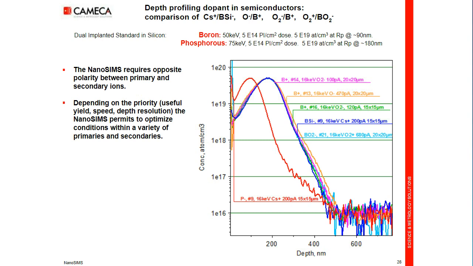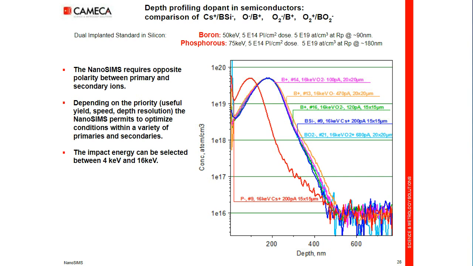And speed will be better with heavy primary ion, fast pattern. Useful yield will depend. Mostly, cesium is used for electronegative secondary ions, and oxygen is used for electropositive secondary ions. The impact energy can be selected on the NanoSIMS, presently between 4 kV and 16 kV: 16 kV for best spatial resolution, 4 kV for better depth resolution.